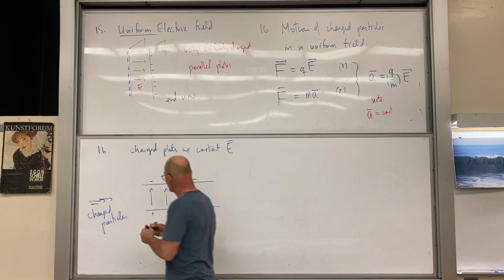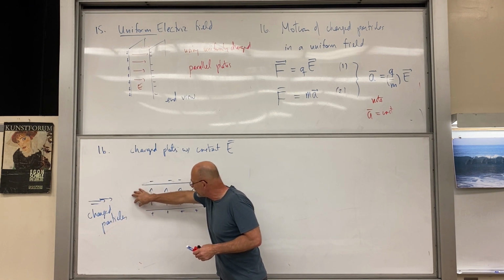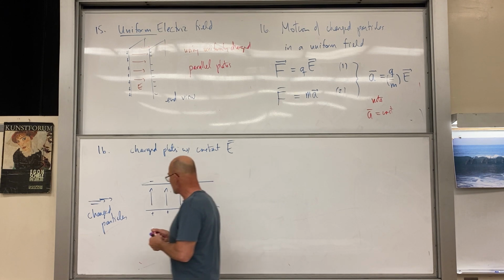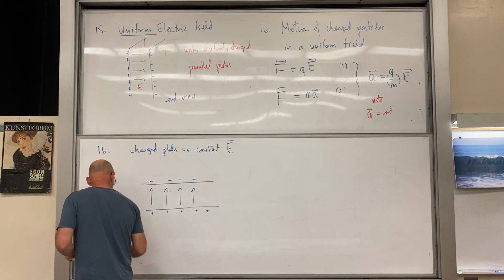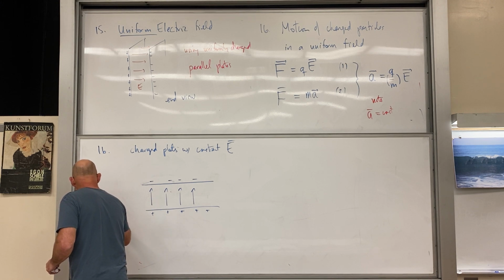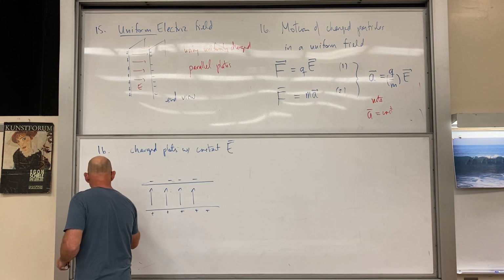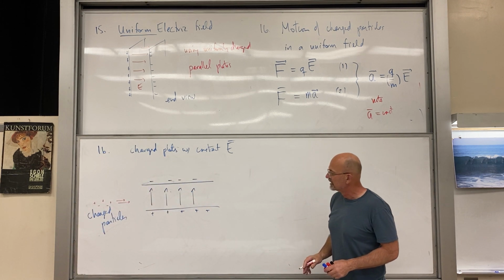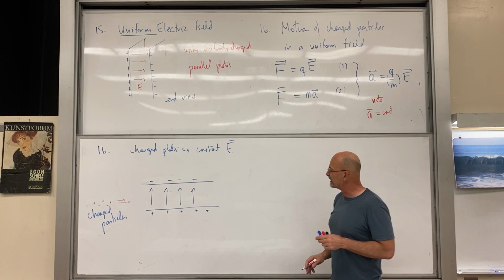So what's going to happen to the charged particles when they enter the field? I've got a bunch of little pluses and minuses, a whole stream of them, and they're all zipping in this direction. What's going to happen to the pluses?